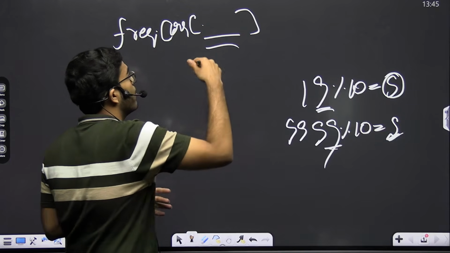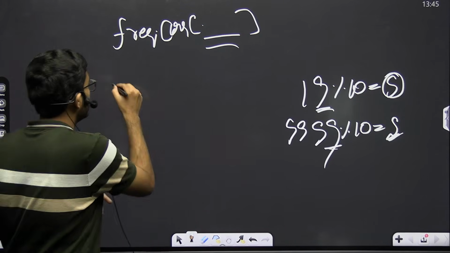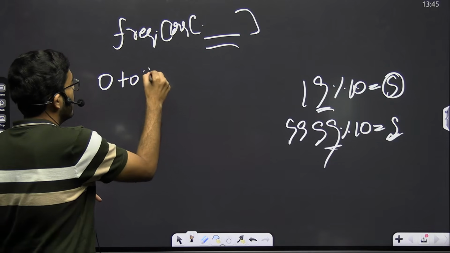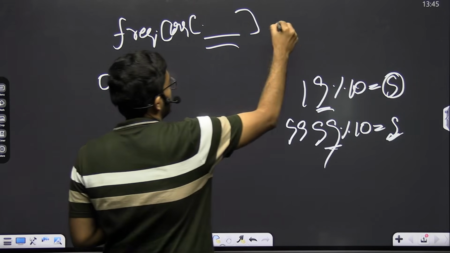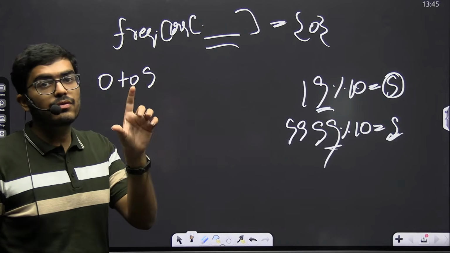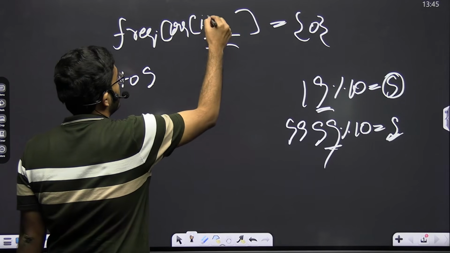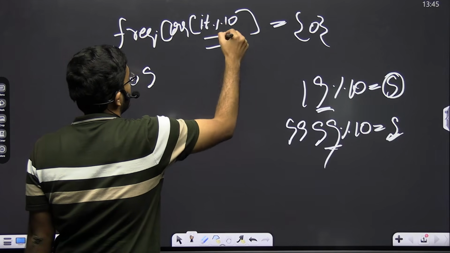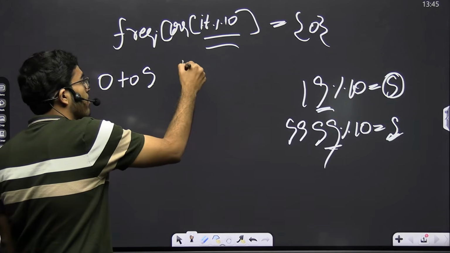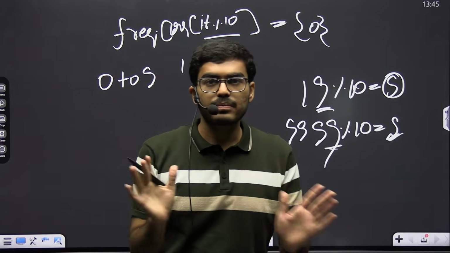While iterating on my original array, I am going to store the frequencies of 0 to 9 only, and I will initialize them as 0. Initially the frequency of every digit from 0 to 9 is 0. Now when iterating over it, I will take the number modulo 10, and if I find it, I will increase its value by 1.